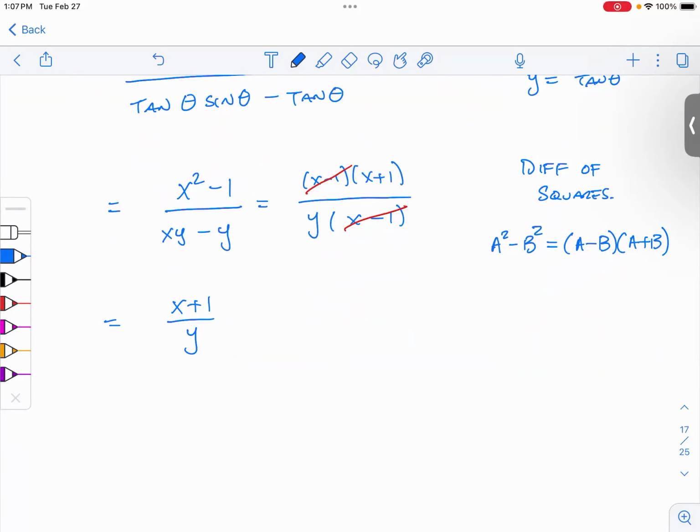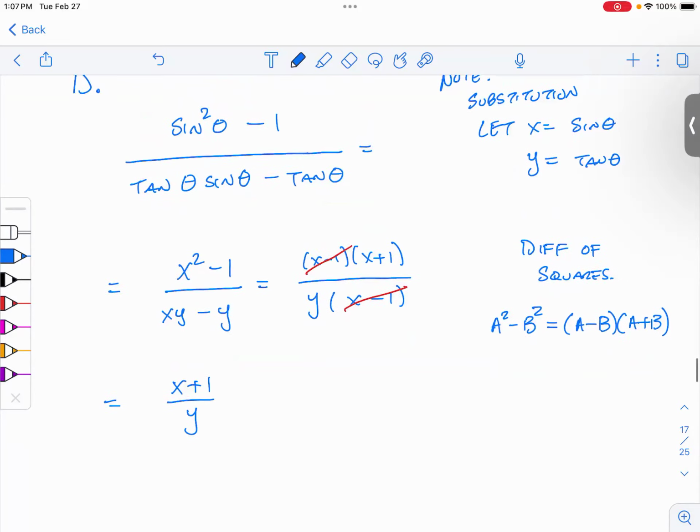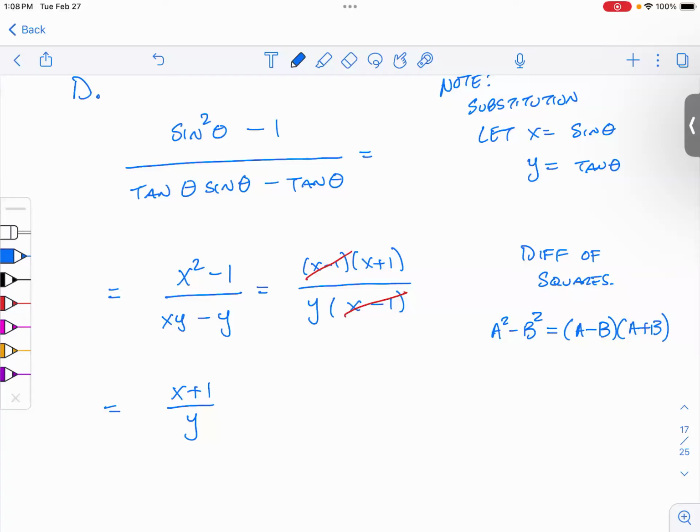Now, algebraically, I'm done. So probably what should we do? Switch back to your trig functions. And so now, absolutely, if you can pull this apart when it's in its trigonometric equation, fantastic, that's better, because we don't have to convert back and forth.